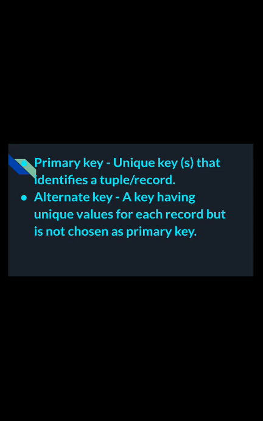For example, roll number is a primary key, and if I say email ID, email ID can also be a primary key. But if it is not the primary key, then it is the alternate key. So any key that has unique values and could have become the primary key, but did not, is an alternate key.